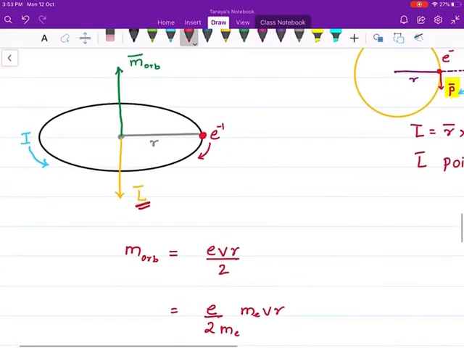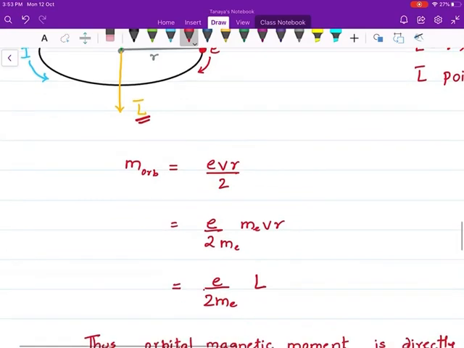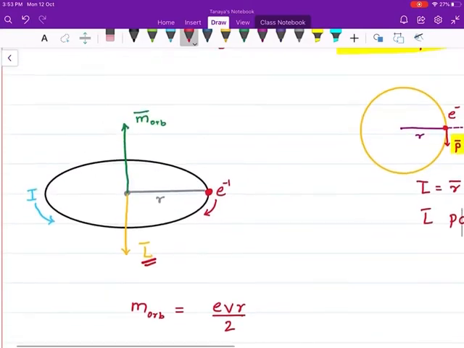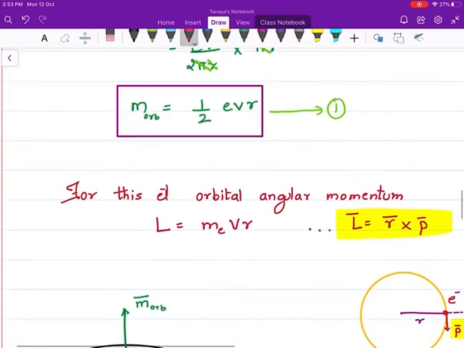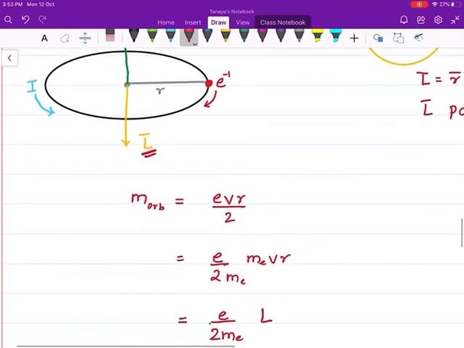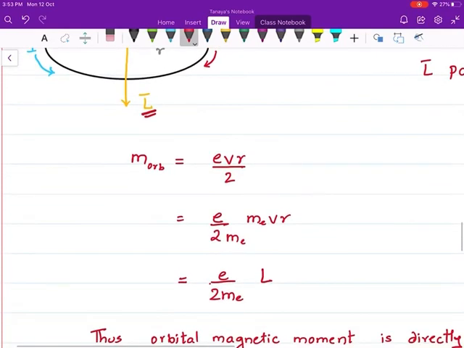Now let's try to write this m orbital in terms of L. So I get m orbital is equal to EVR upon 2. This is what we got here, so the same thing I have written. I will just multiply and divide it by the mass of the electron, that is me. Now see, what is this term, meVR?